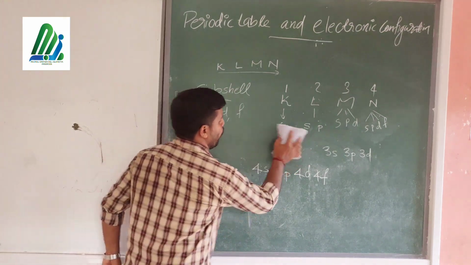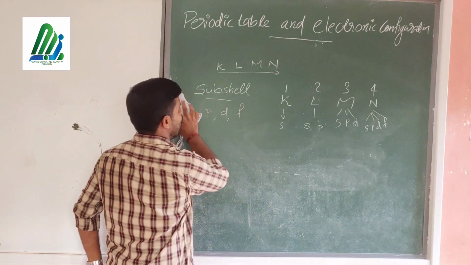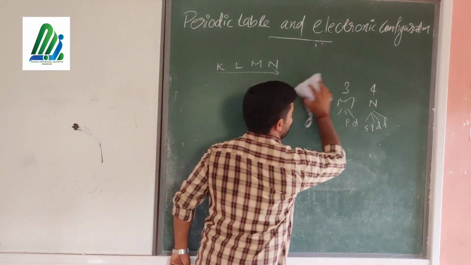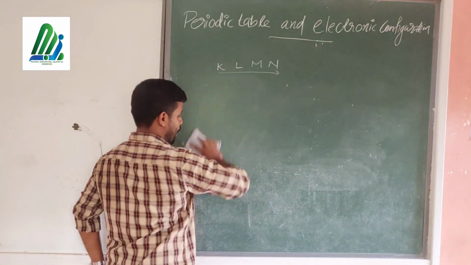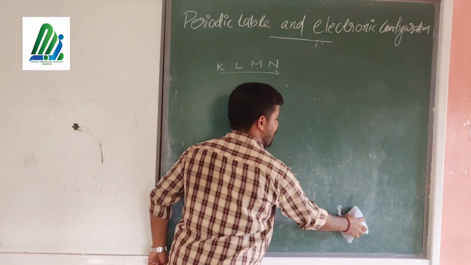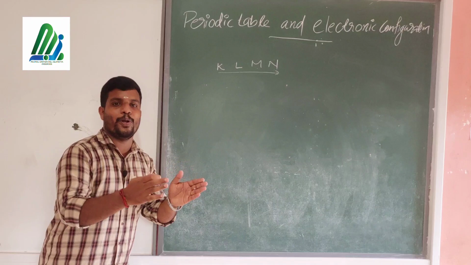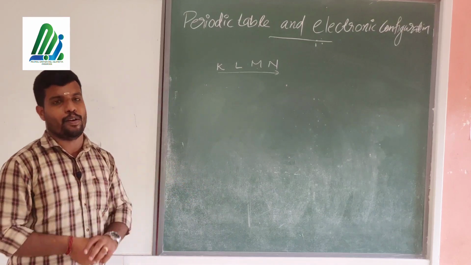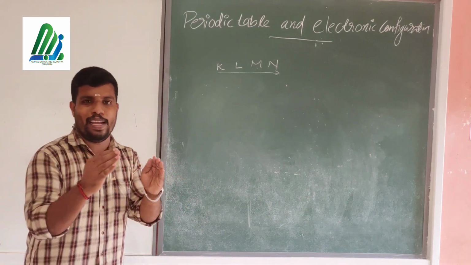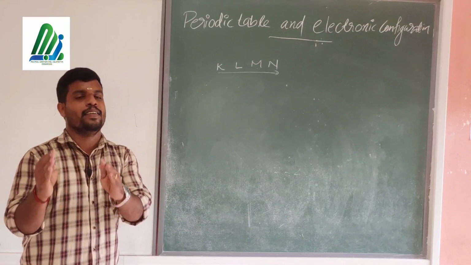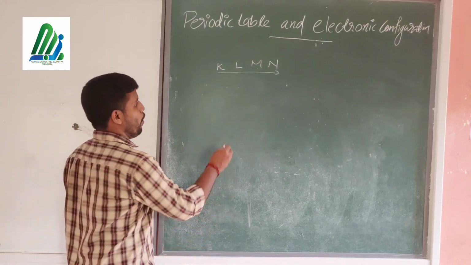Okay, now again we are going to discuss the maximum number of electrons possible to accommodate in each subshell. In each shell, as we know, how many electrons are possible to accommodate. Now we are going to discuss the maximum number of electrons that are possible to accommodate in each subshell.